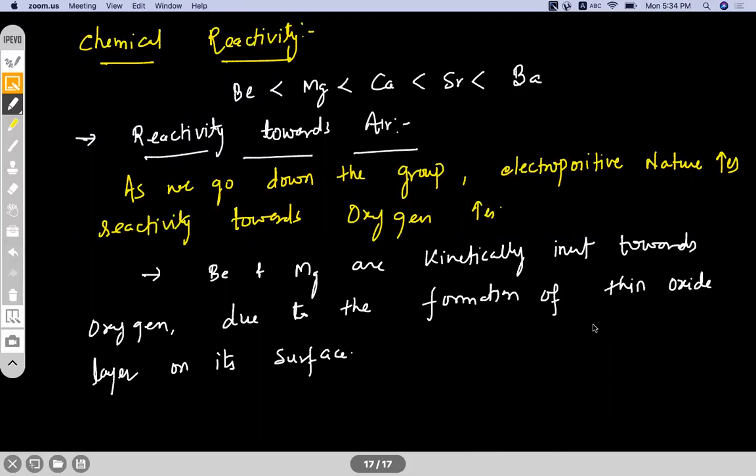Kinetically inert means the reaction rate is negligible, it's extremely slow. Kinetics means the flow of reaction, how the reaction proceeds. So kinetically inert means the reaction rate is extremely slow, and we ignore that.